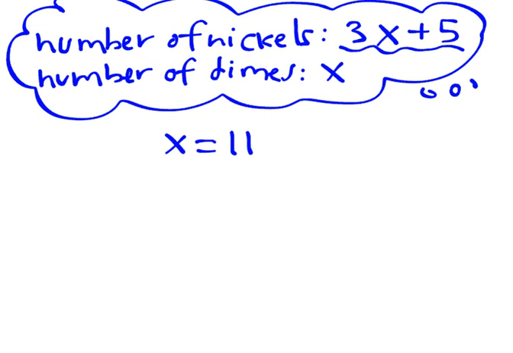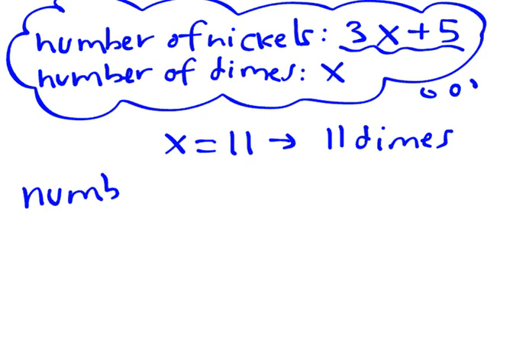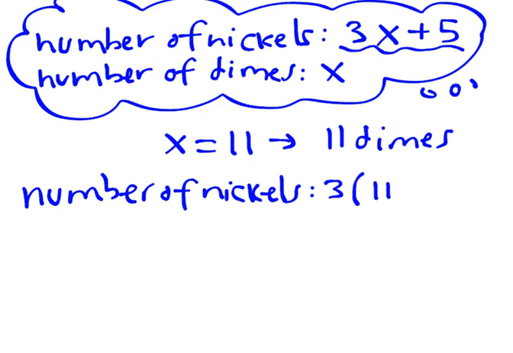That means that this is the number of dimes, so I have 11 dimes. But the question is how many nickels? So for the number of nickels, you just have to take your definition, 3 times x, which is 11, plus 5.